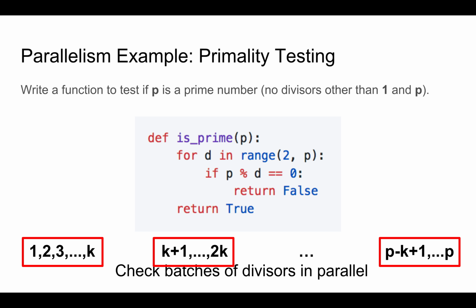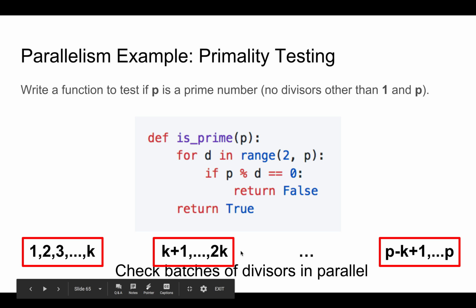So the way we want to speed this up is by taking the divisors, from 2 to p, and chunking them into different ranges. Then we're going to have one task check the divisors from 1 to k, another task check the divisors from k plus 1 to 2k, and so on.